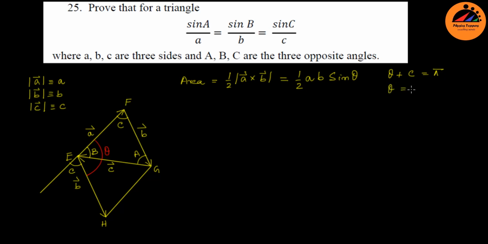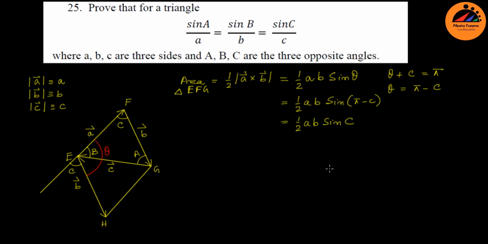So theta is equal to pi minus C. Here we can write half A times B sine of pi minus C is equal to half AB sine C. So this is the area of the triangle EFG.